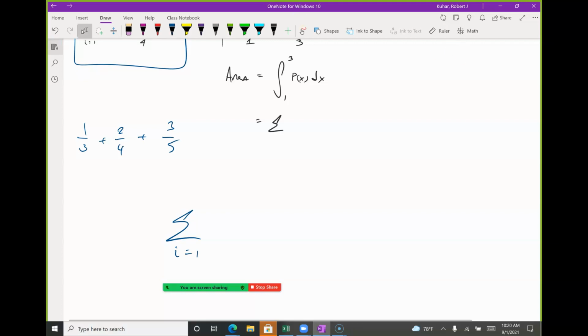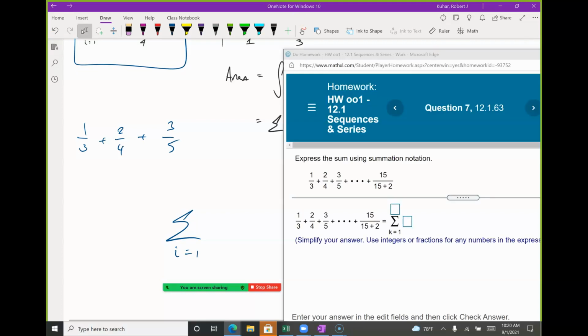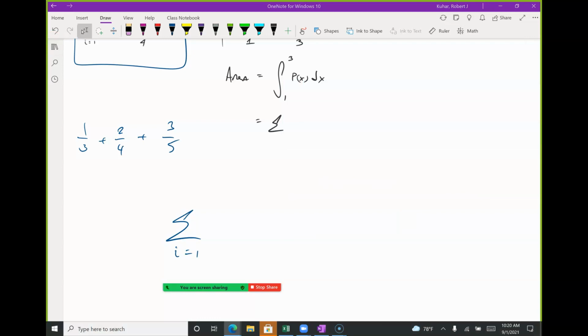What did it say? Don't tell me. 15. 15, yeah. But what's the nth term? Well, upstairs is just n, right? And what's downstairs? n plus 2.